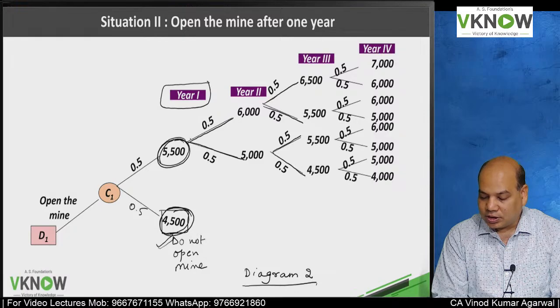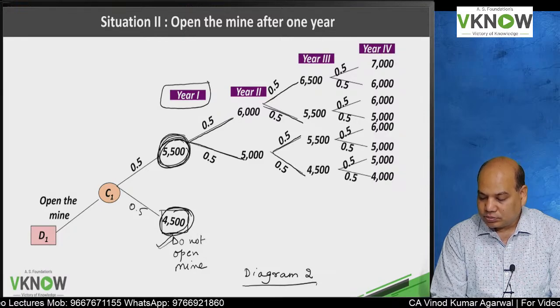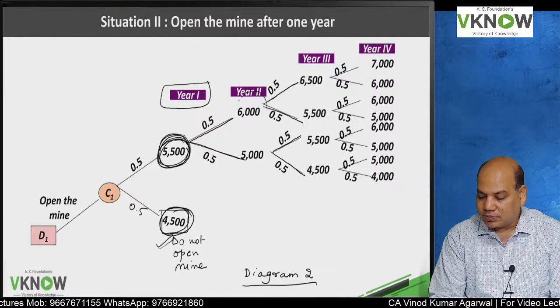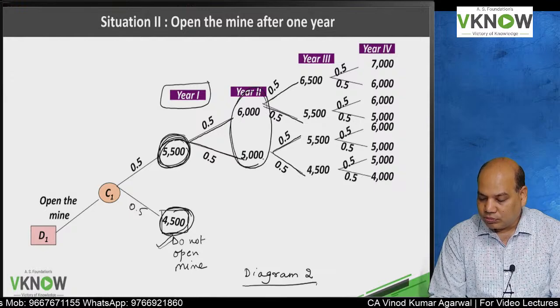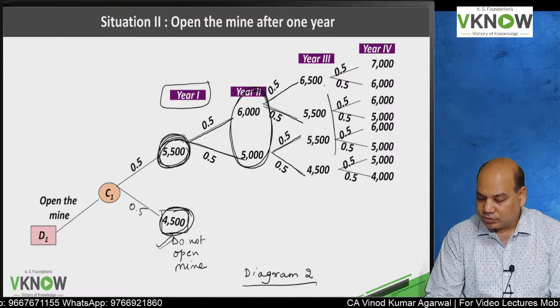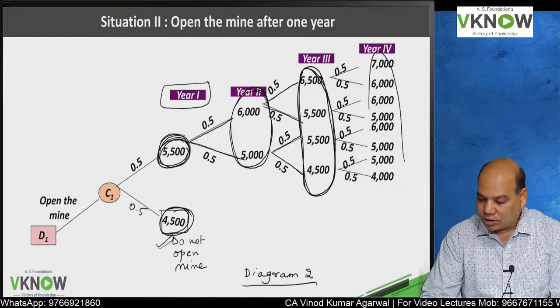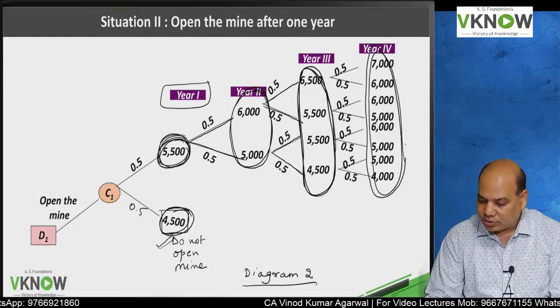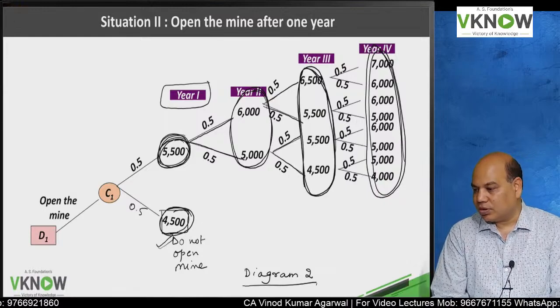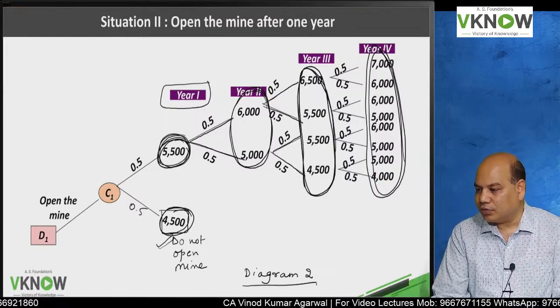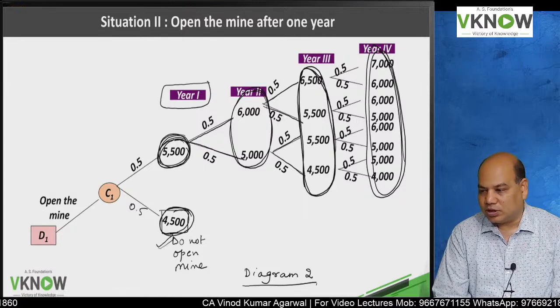As we discussed earlier, if I am starting from 5,500, my expected price of year 2 will be 5,500. My expected price of year 3 will be 5,500, and my expected price of year 4 will be 5,500.